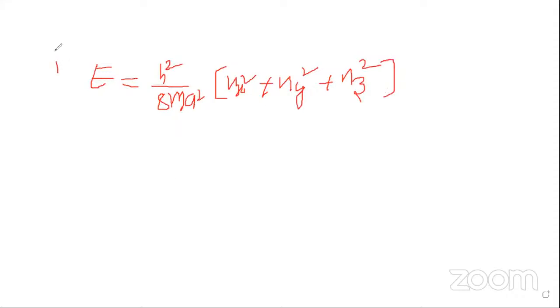So this is the energy equation. Now I am giving the conditions: Nx is equal to 1, Ny is equal to 2, Nz is equal to 3.